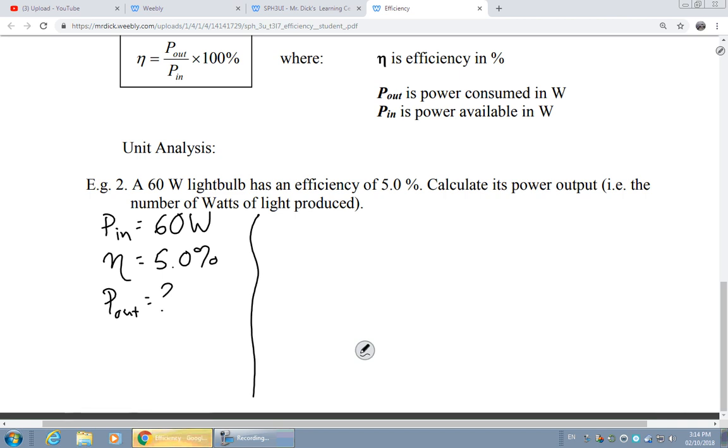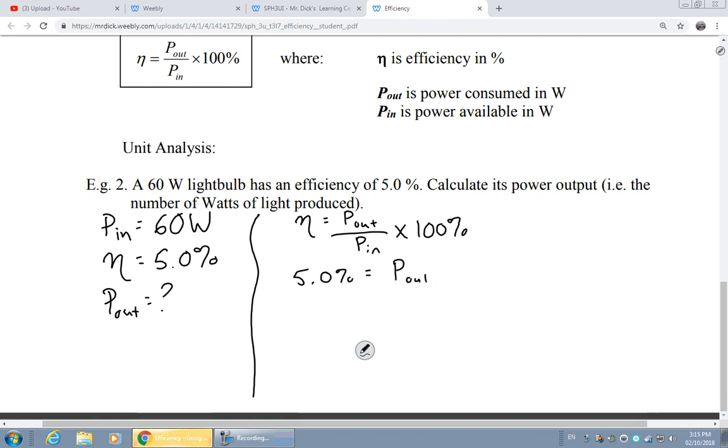Well, in general, eta is just P out divided by the power that we put in, multiplied by 100%. Before I actually do too much work on this, though, it might be easier if I just plug some things in that I know. So eta is actually 5.0%, and that's equal to P out.